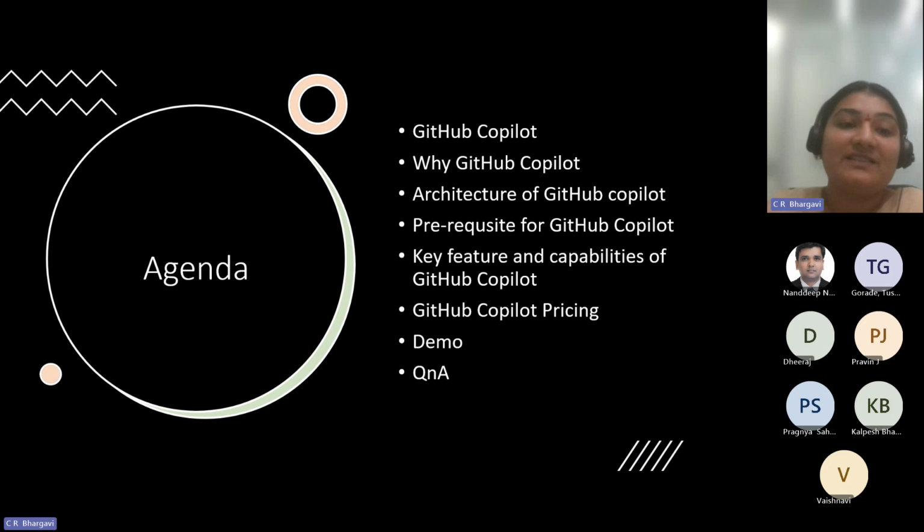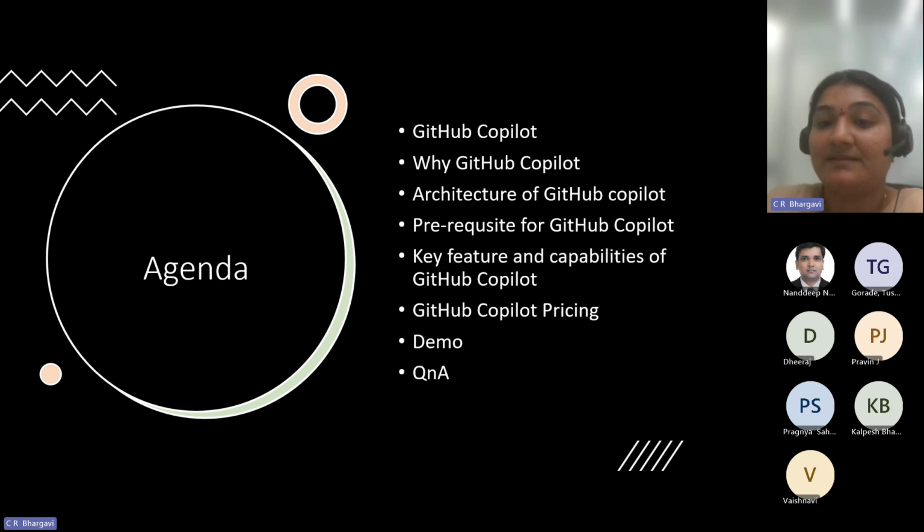With that, I am getting into the agenda for today, where we would be seeing what is GitHub Copilot and why we need GitHub Copilot. We would also be seeing the architecture of GitHub Copilot, the prerequisites that are necessary for GitHub Copilot, and the key features and capabilities that GitHub Copilot can provide us.